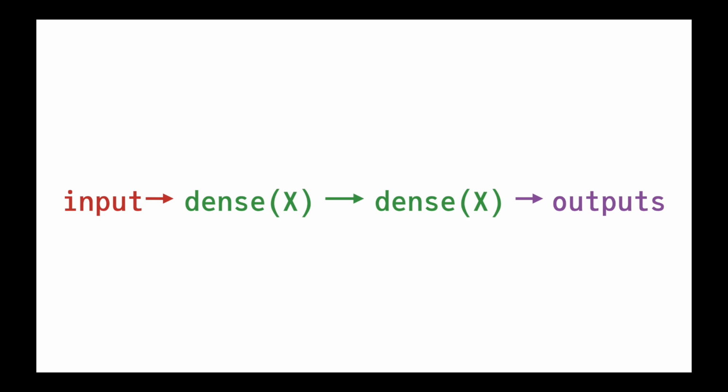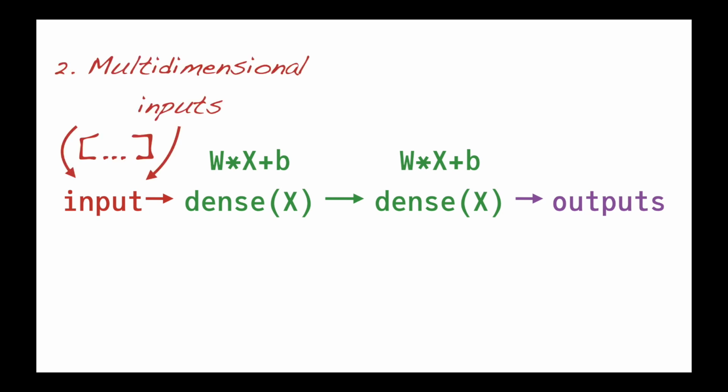And you might ask what each individual dense layer does. Well, each one implements a pretty basic function, wx plus b. And we've talked about it before, but when those individual w's and b's are individual values, this is basic. But what we're going to do instead is feed multi-dimensional inputs into them.